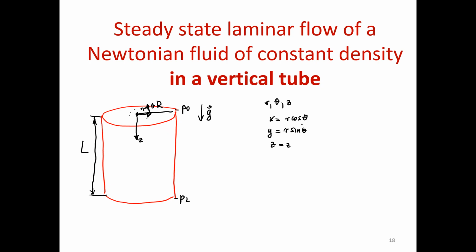Now my shell over which I'm balancing things: what used to be from x to x plus delta x, and z to z plus delta z, was a little rectangle. For this flow, I'm going to assume that my velocity is a vector. Velocity is what it is. The question is what coordinates I'm going to describe it in. That vector will be expressed with different coordinates depending on the coordinate system I pick.